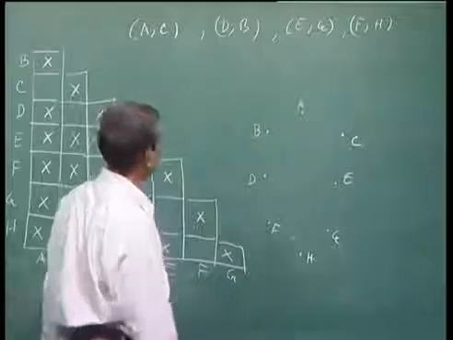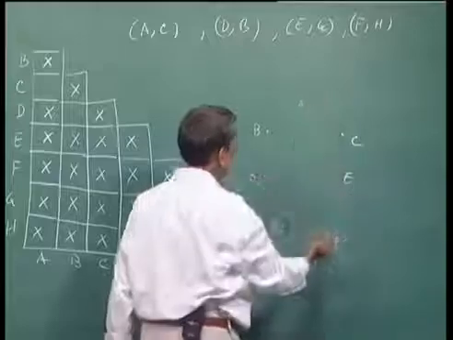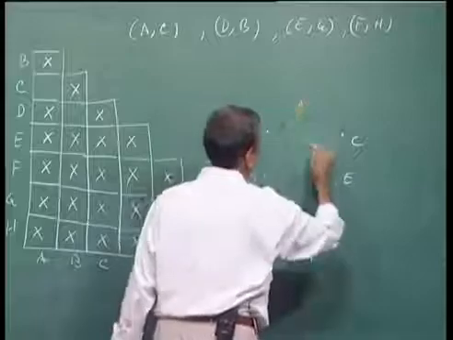So, what we found was that these two will be in the same equivalence class, and in fact, there will not be any other state in the same equivalence class.